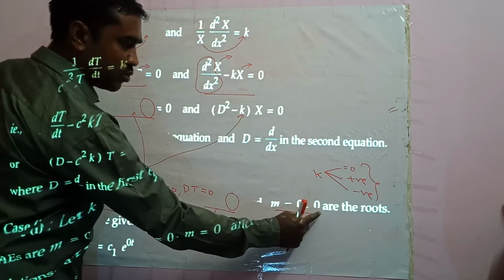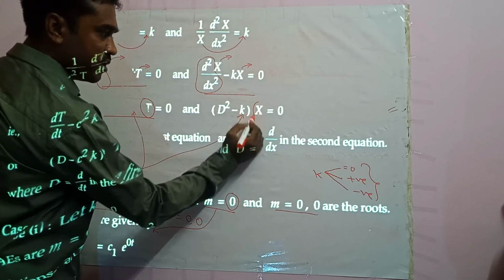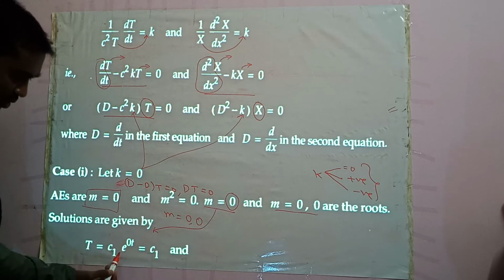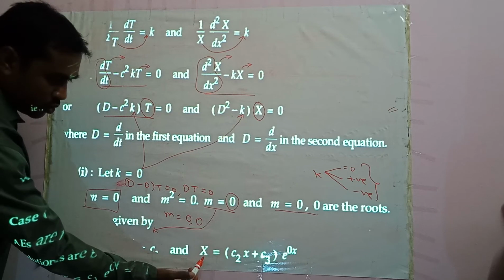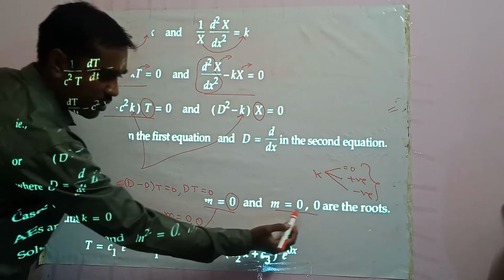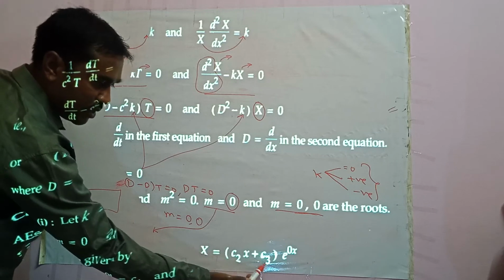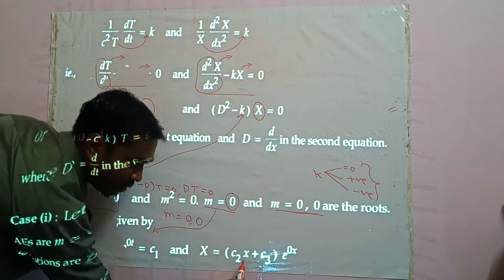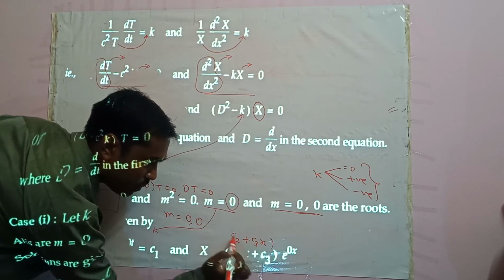Similarly, based on these two repeated roots, we are going to write the solution for this. What is the solution? Solution is X, which is just C1. Okay, this is C1. X is equal to, since we have the repeated roots, your CF will be C3 plus C2x, or this you can write as C2 plus C3x also.